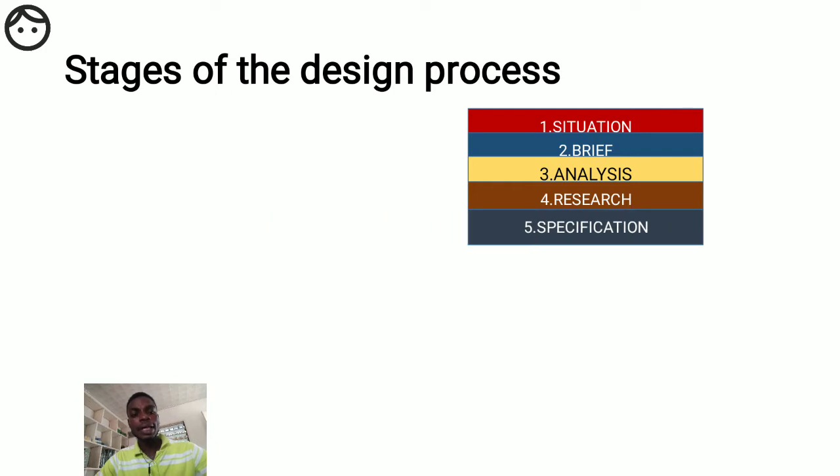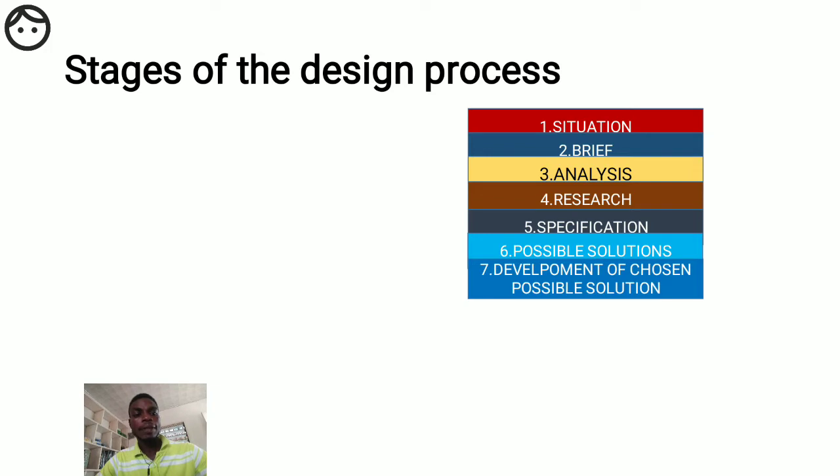After the research, he has to do what we call the specification. Then he needs to find the possible solutions to the problem. After finding the possible solutions, he has to develop the chosen possible solutions. Then he needs to choose the final solution out of the possible solutions.